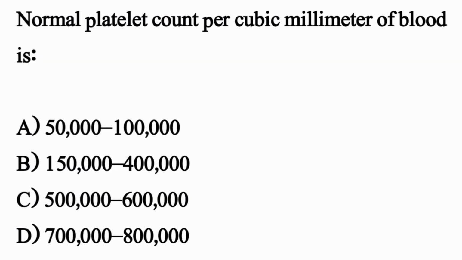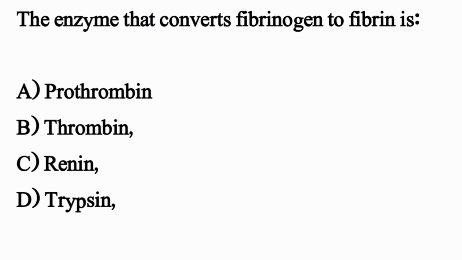Normal platelet count per cubic millimeter of blood is. The right option is option B, 1,50,000 to 4 lakh. The enzyme that converts fibrinogen to fibrin is.